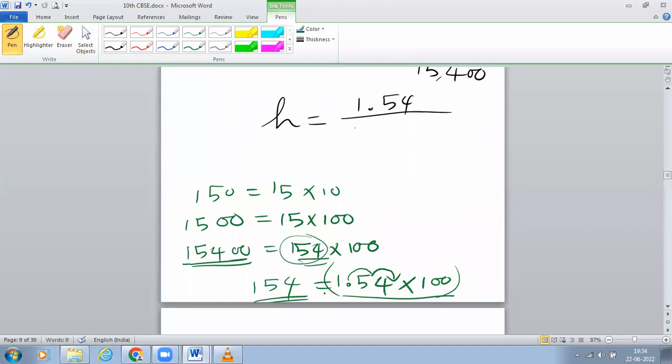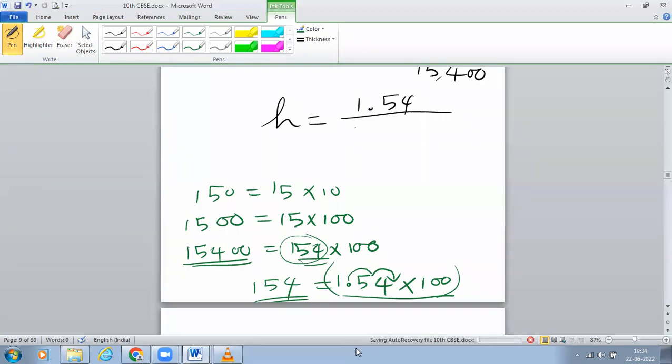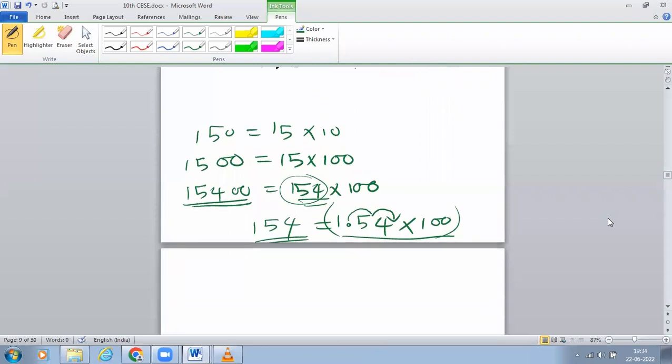Yes, ma. 1.54 is not centimeter, it's meter cube. Sorry, not able to hear you. What are you saying? Meter cube.